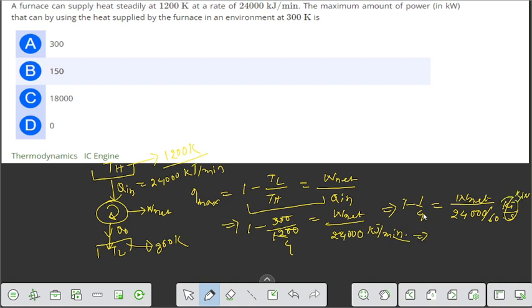So 1 minus 1 by 4, that is 3 by 4, is equal to W net divided by 400 kilowatt. So W net is equal to 400 into 3 by 4, which is 100 into 3, 300 kilowatt W net.